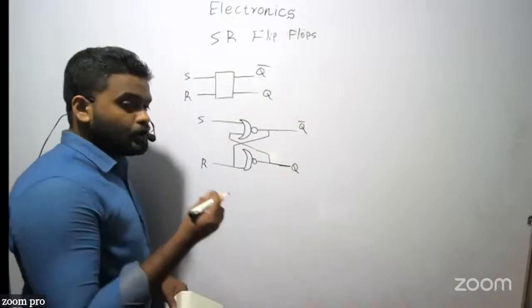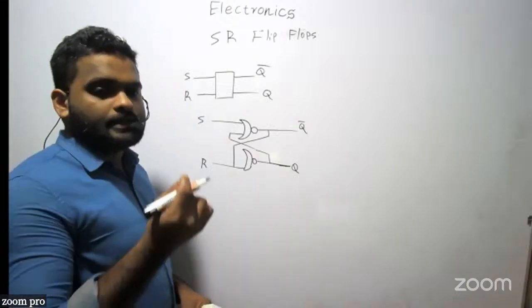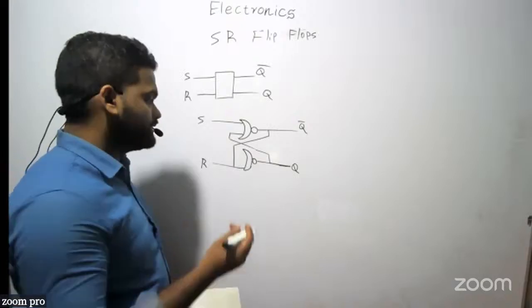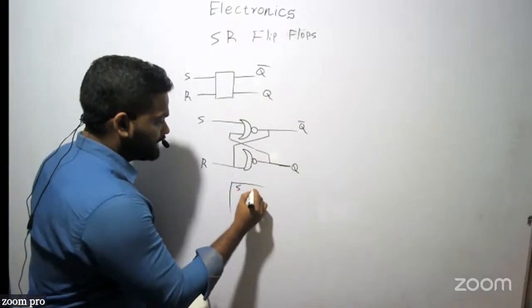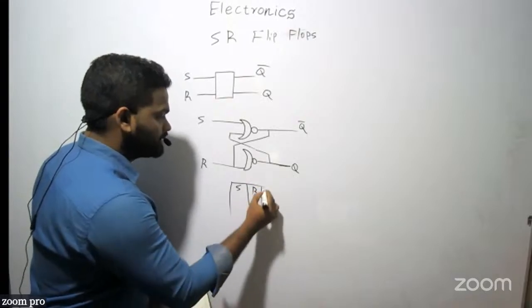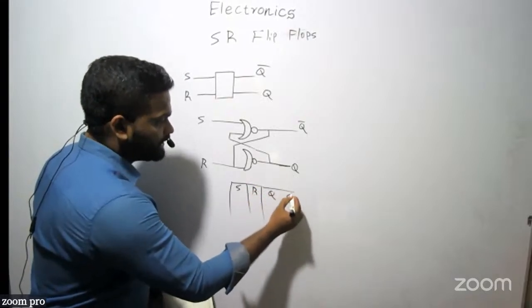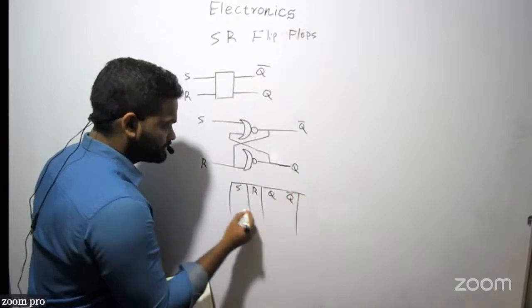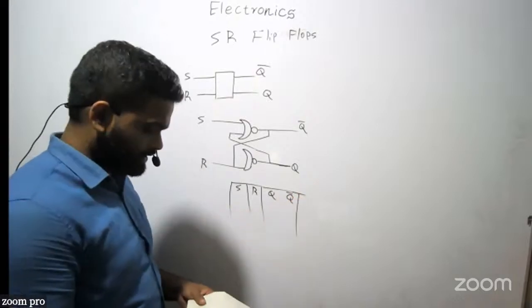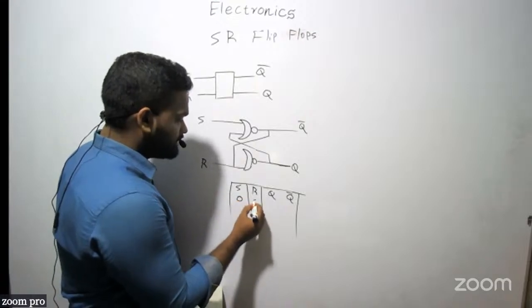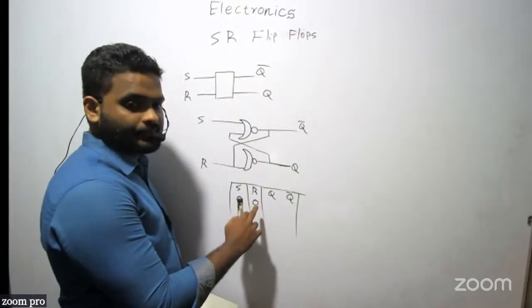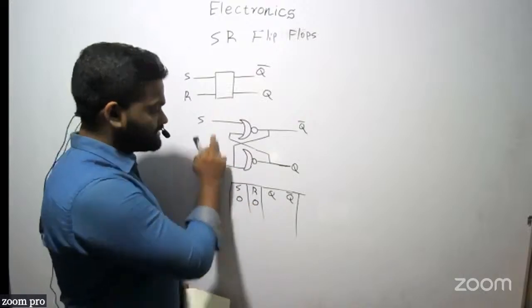You need to remember the truth table, right? That is the most important one. Let's say you have S, R, then you have Q and Q bar. Let's say for S and R you get both 0, inputs as 0 and 0.